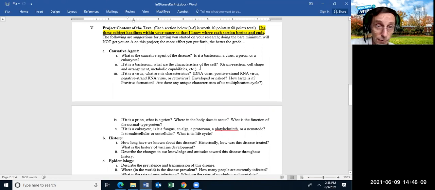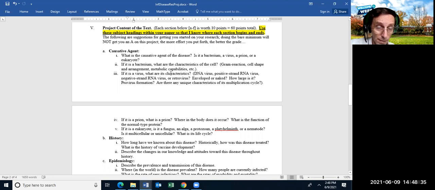So in the body of your text, you should have subheadings, and one of them will be the causative agent, where you talk about the causative agent. And if it's a bacterium, you say, what are the characteristics of the cell? What's its gram stain? What's its cell shape? What's its growth arrangement?